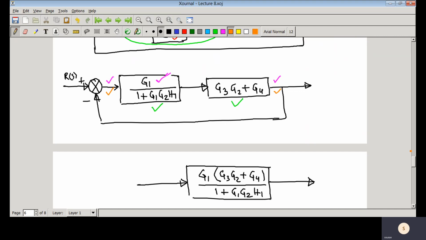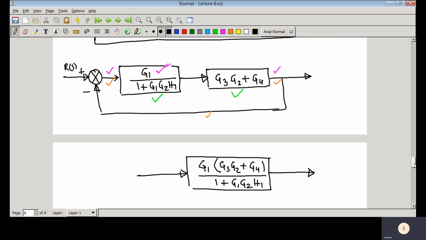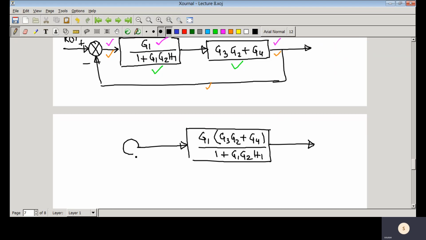Now the rest of the part is that feedback loop and that comparator. So again we draw the simplified block diagram. This is that comparator R(s), you have that plus sign, and then you have that feedback path with minus.